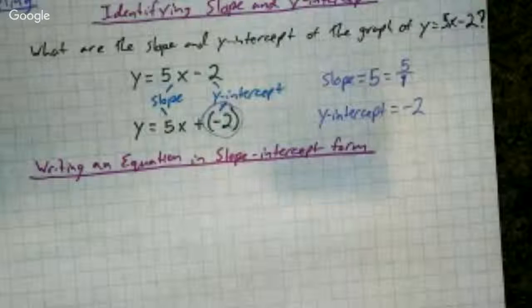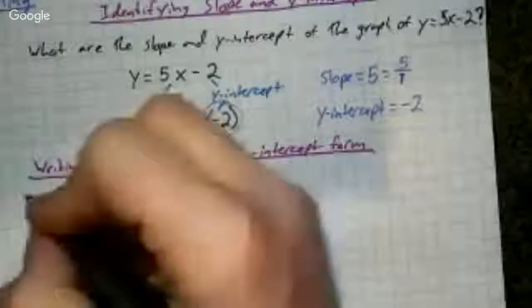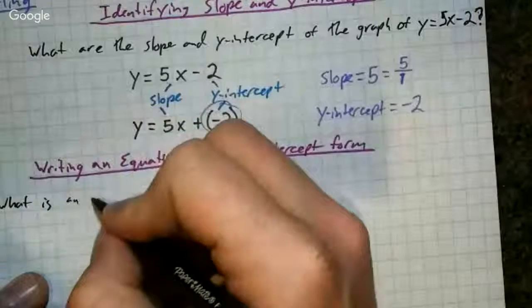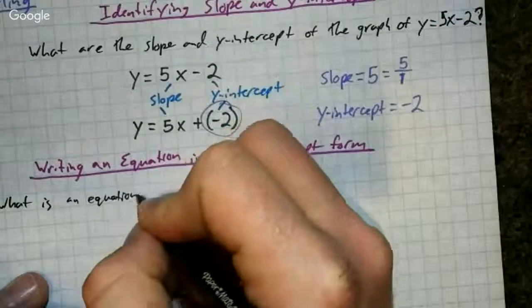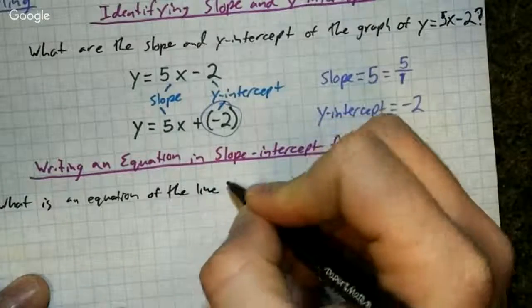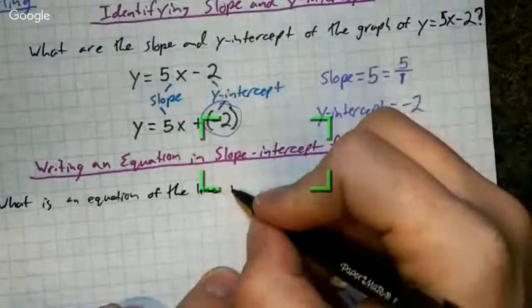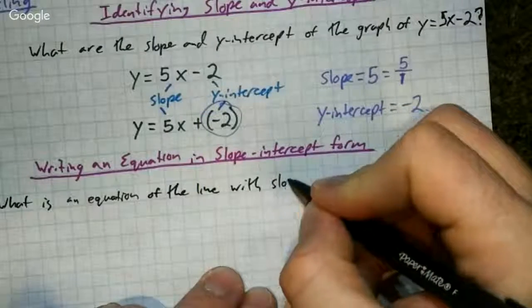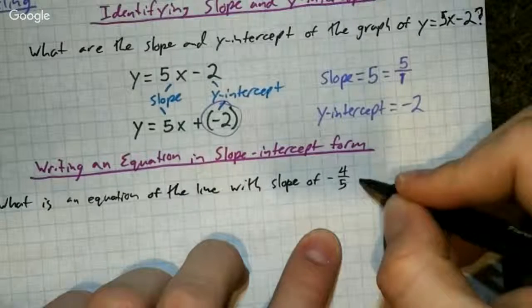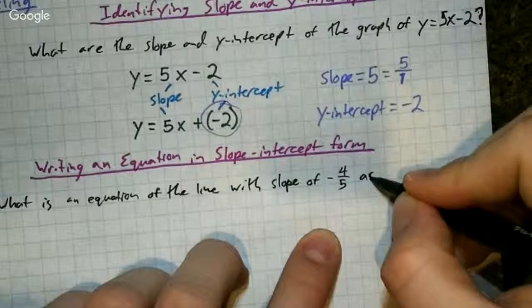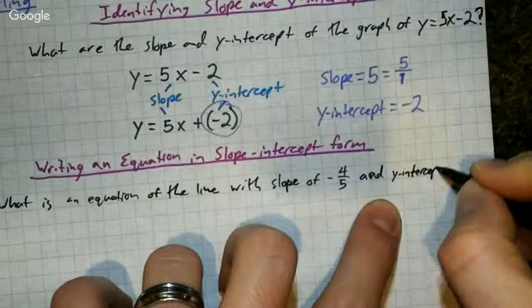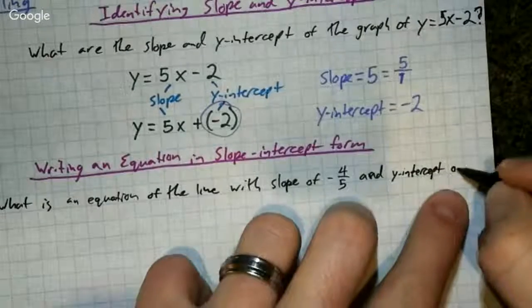So the question I'm going to write down for this one is, what is an equation of the line with slope of negative 4 over 5 and y-intercept of 7.